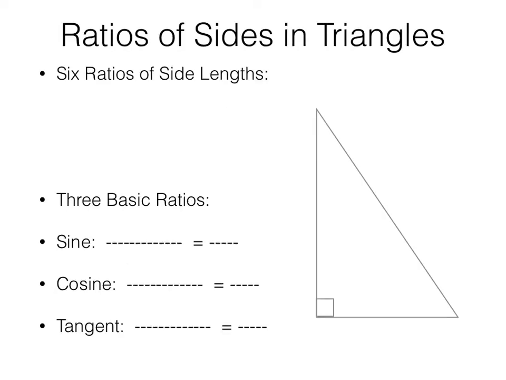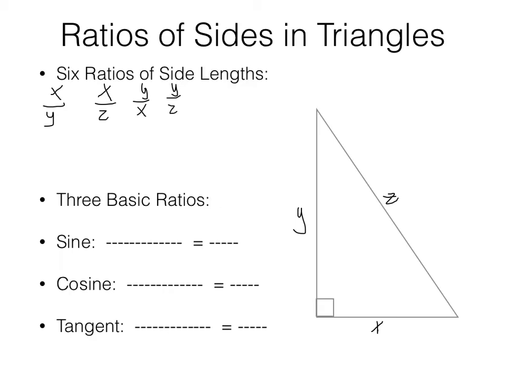Now let's talk about the ratios of side lengths in triangles. Okay, so I'm going to label these side lengths x, y, and z. If I'm looking to find ratios of side lengths to each other, and I'm going to start with x, I could have x over y. I could have x over z. I could have y over x. I could have y over z, right?